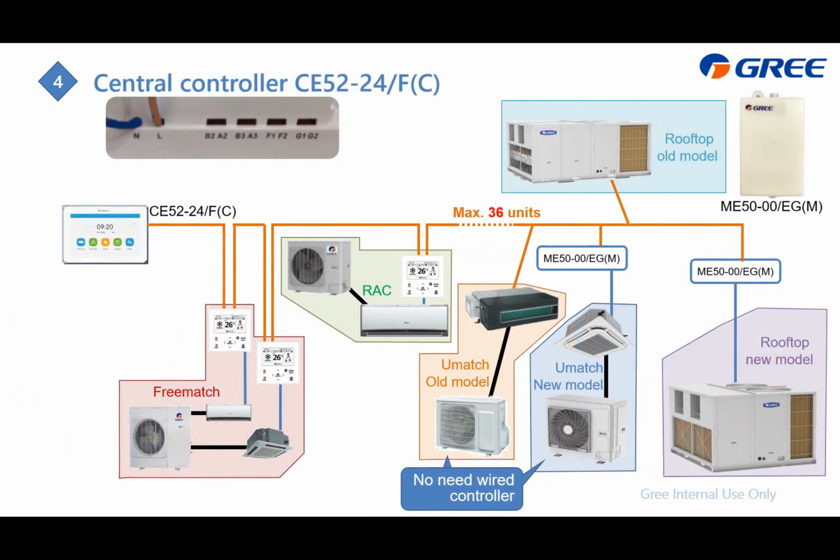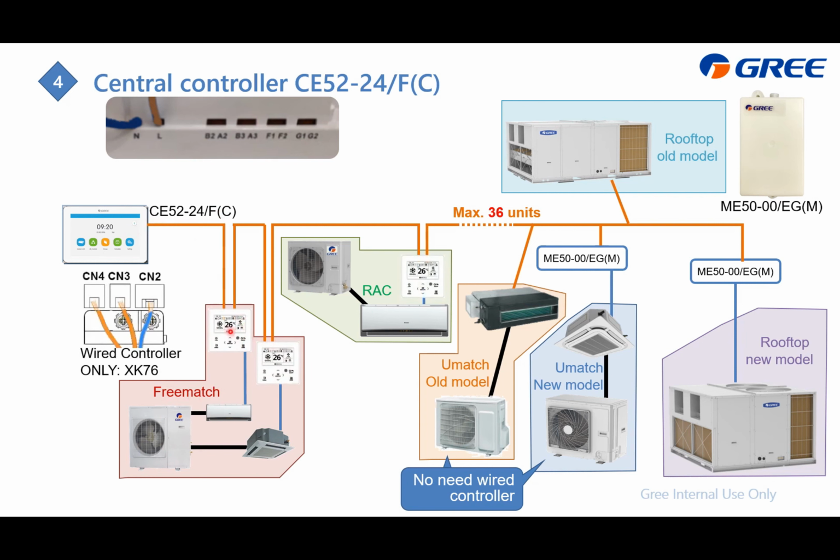This slide displays how to do the wiring to the central controller CE52, which is this one. And here is the connected interface. And this L and N is the power supply for this CE52. And for the UMatch and the rooftop and also the residential air conditioner or the free match, we need to connect to here, which is from the A3B3 port.